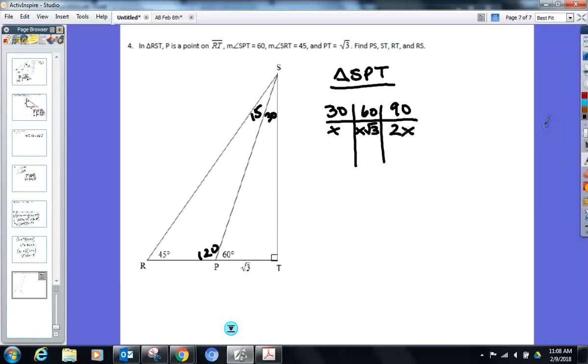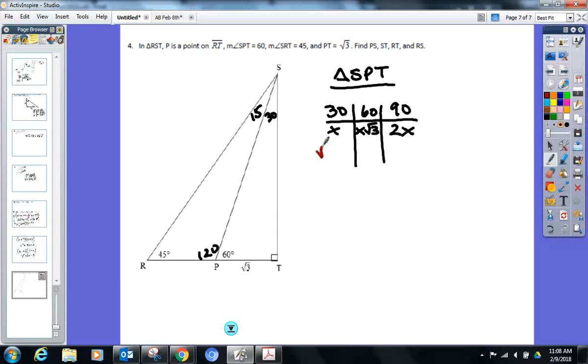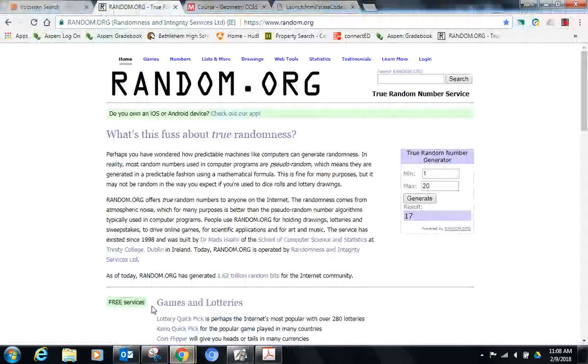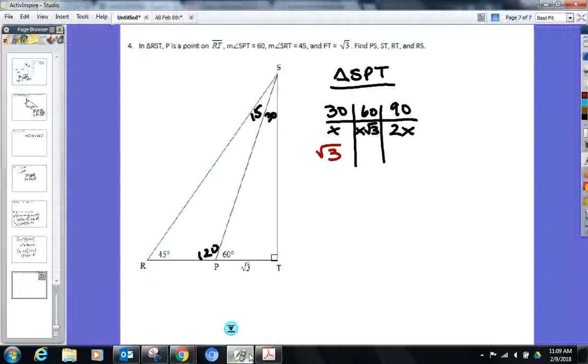So that's where it's going to go in my chart. Fill in the rest of the chart with me now. Here we go. 10. What do I do to the 30 to get to the 60? Multiply by? Okay, so radical 3 times radical 3.